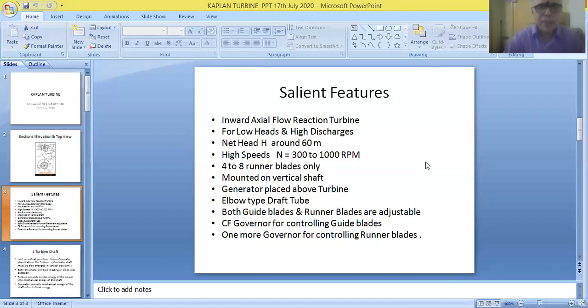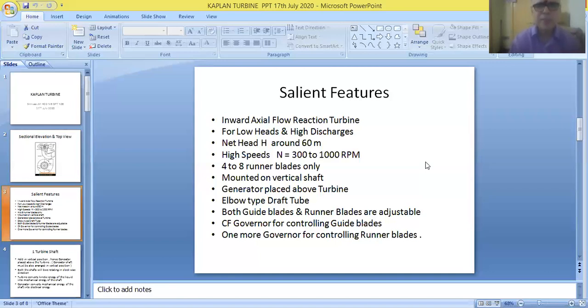The energy of the liquid that is consumed by the turbine is called the net head of the turbine, capital H for indicating this parameter. The net head of a KAPLAN turbine will be around 60 meters only.